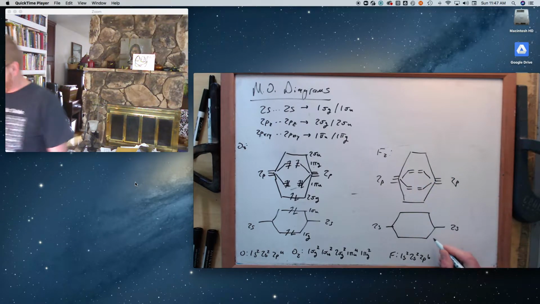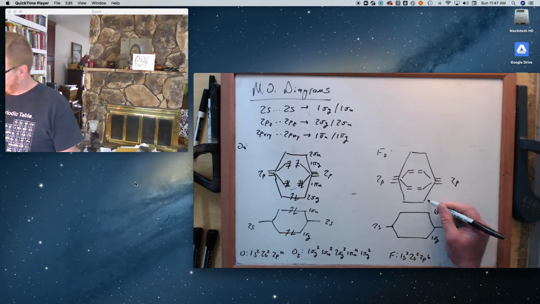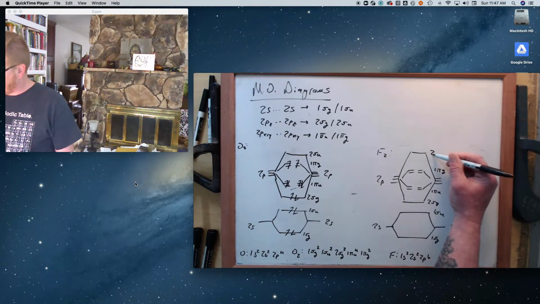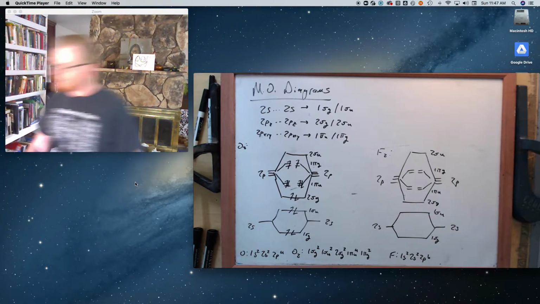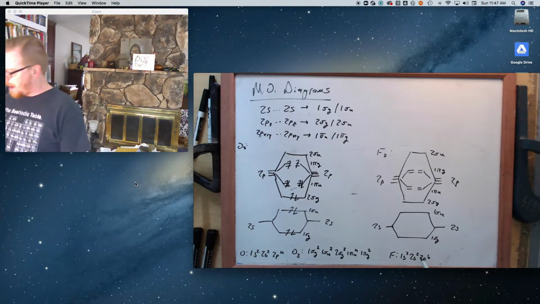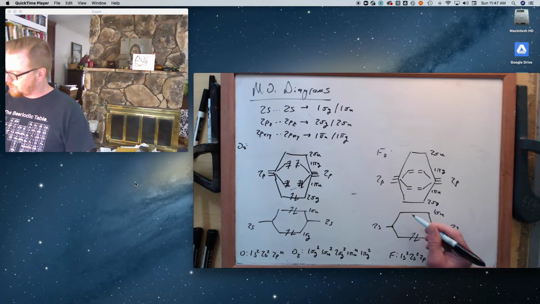Okay, so this is my 1 sigma G, my 1 sigma U, my 2 sigma G, my 1 pi U, my 1 pi G, and my 2 sigma U. All right? And so now filling this thing out, I know that in my 2s level here, each F atom has 2 electrons. So this has 2 and this has 2, so that gives me 4 in total. 1, 2, 3, 4.